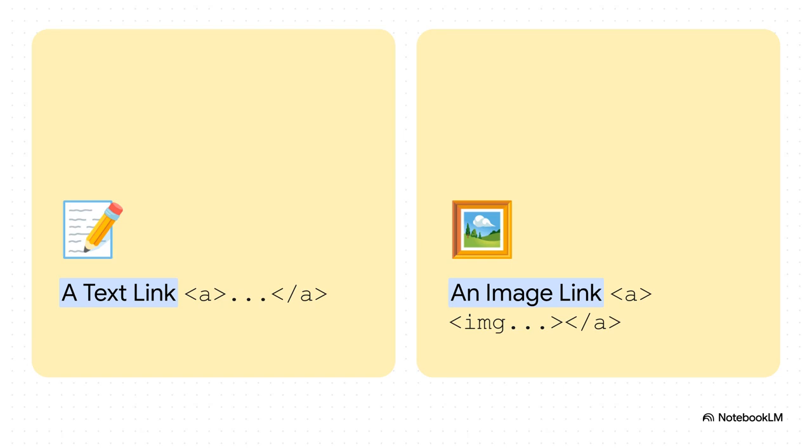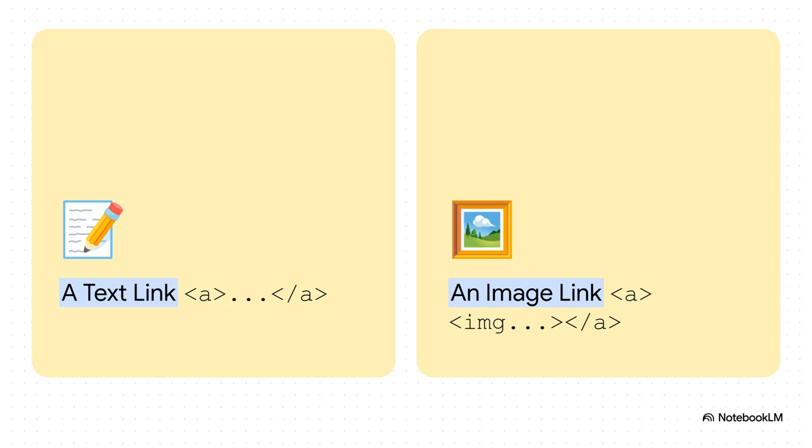And this is what I love about this, because it reveals this secret so clearly. You look at the page and a text link and a clickable image look completely different, right? But then you peek under the hood at the code and you see they both start and end with that exact same A tag. The visual part, the text or the image, is just whatever's wrapped inside of it. This right here is our aha moment.